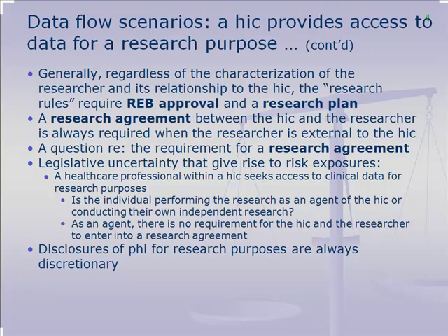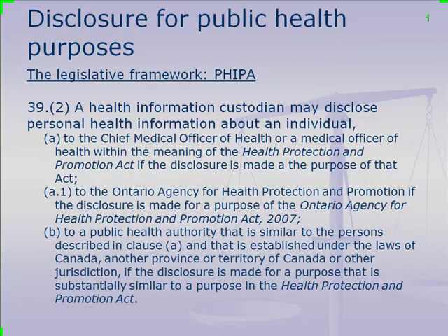But if the researcher is using that data for their own independent research purposes, I would say that even though they are operating within the hospital themselves, the hospital should require a research agreement with that individual, in addition to the REB approval and the plan requirement. Remember, disclosure of PHI for research purposes is always discretionary.